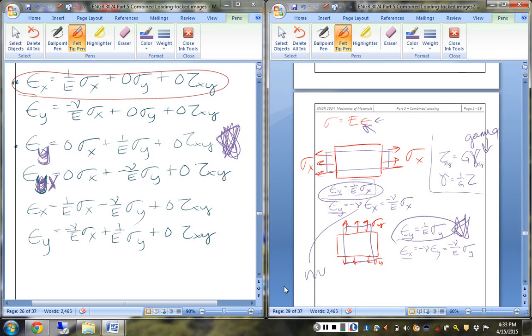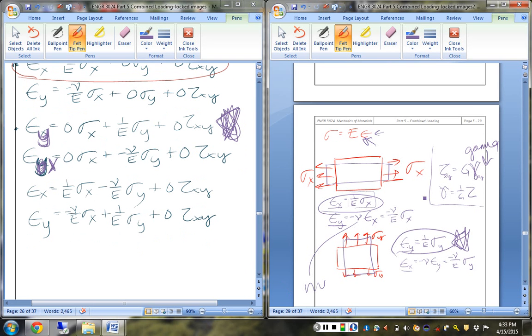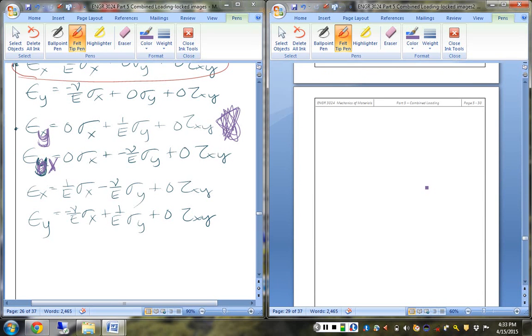Does anybody see a matrix in the future? Actually, it's beautiful. Is it 2 by 3? No? What's next? 3 by 3. We got 3 kinds of strains. So we have strain X, strain Y, and strain shear.